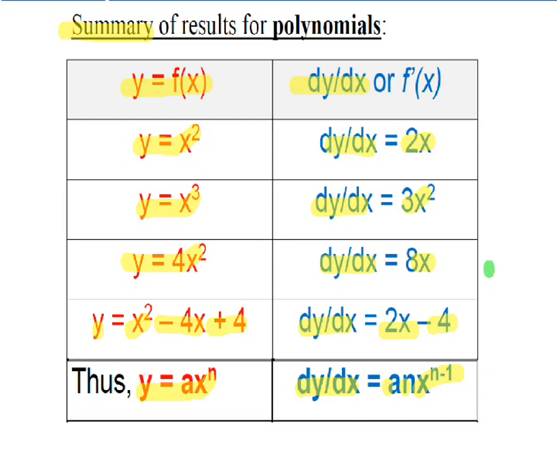Just for your reference, on this table at the top of the second column I use the notation dy by dx or f dash x. Referring back to what we said at the beginning of the presentation, don't forget that both Leibniz and Newton were involved with creating the calculus, and that there are two notations used, and the two notations are shown here. The dy by dx is Leibniz notation, and the f dash x is Newton's notation, also called functional notation.